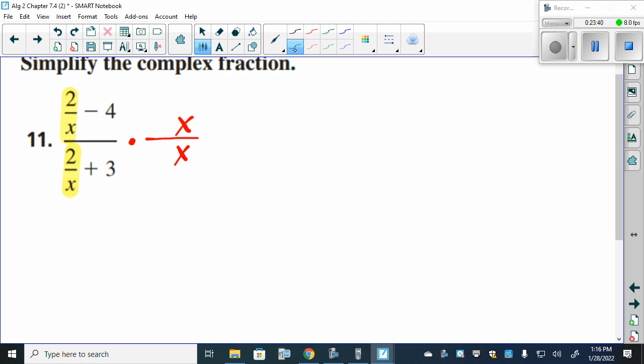So if we do this multiplication with x over x, we actually get 2x over x minus 4x over 2x over x plus 3x.